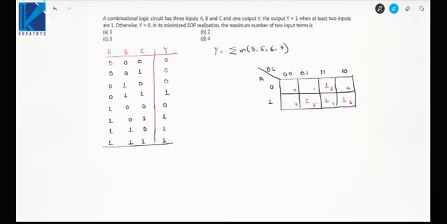Now if you make pairing, this will be a pairing, this will be a pairing, this will be a pairing. And each pair will contain two terms only, so the answer would be 3. Okay, two input terms will be 3 because when we make a pair, one variable is eliminated. If you eliminate one variable, that means only two variables are remaining out of 3 variables.